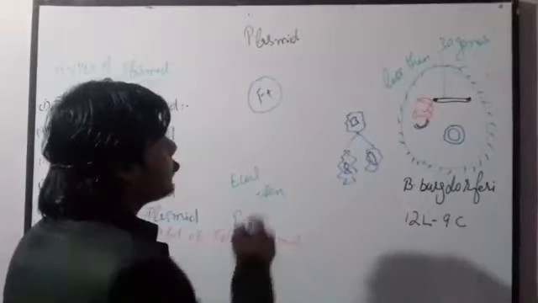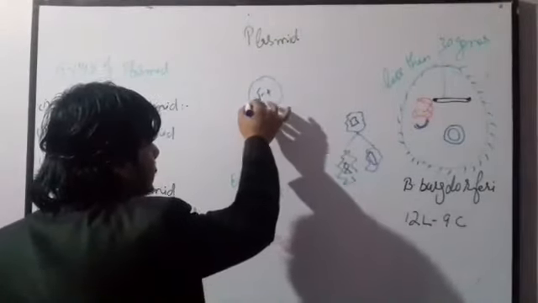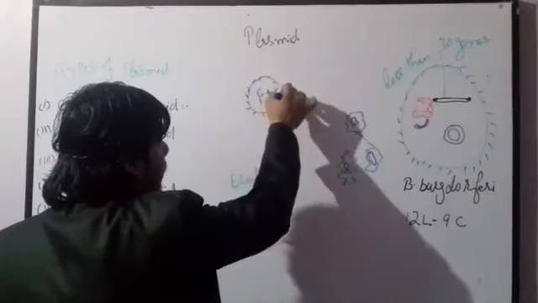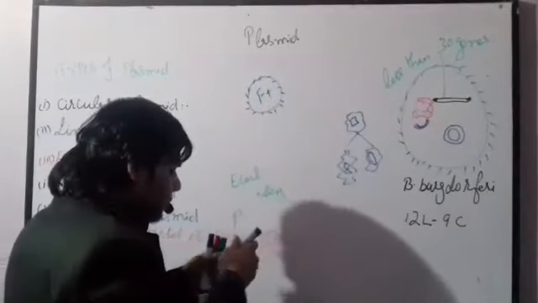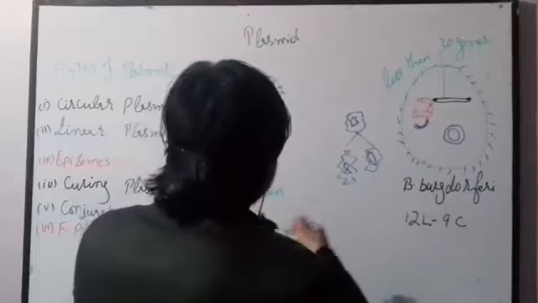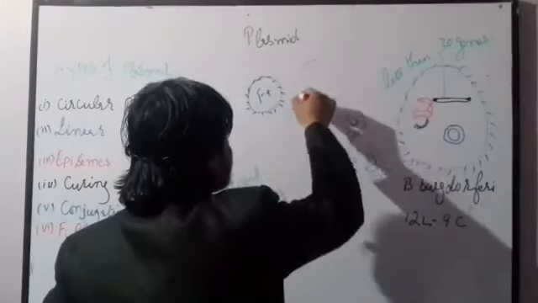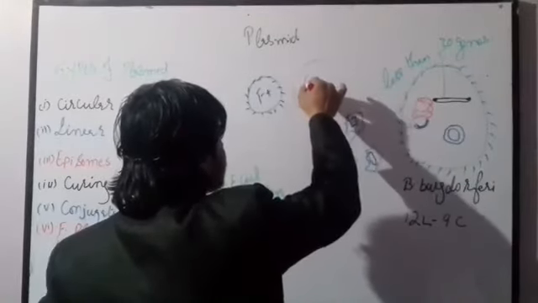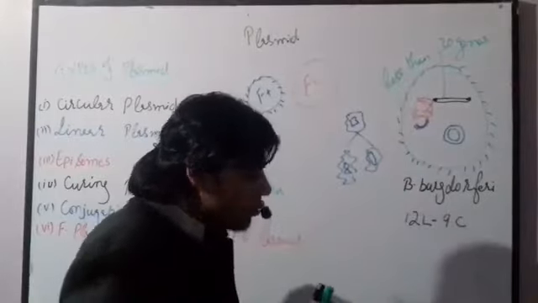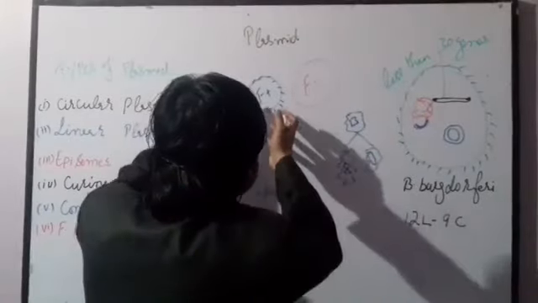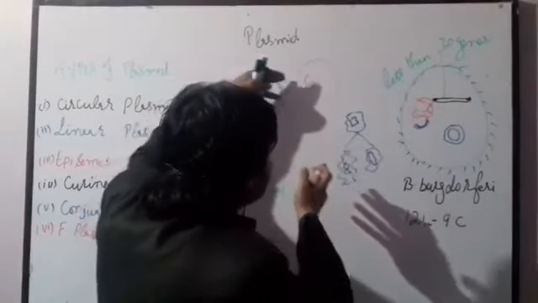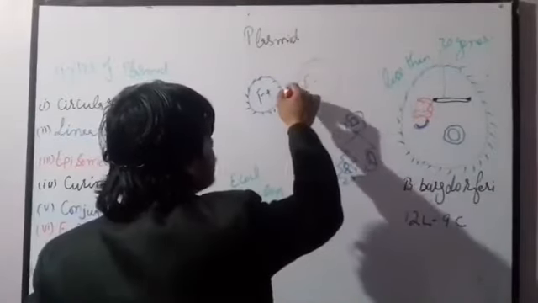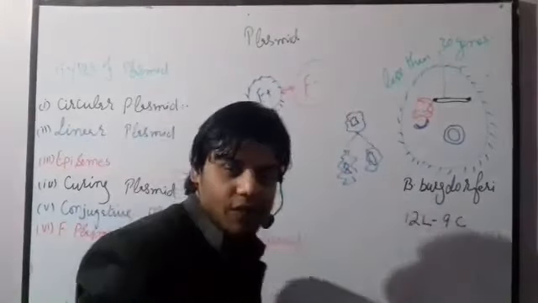Now this fertile plasmid will produce a kind of sex pili. So this is a sex pili. At the other hand, we have another bacterium. Let's suppose this is F negative. Now due to this sex pili, this bacteria will be easily attached to this one, to this F negative.